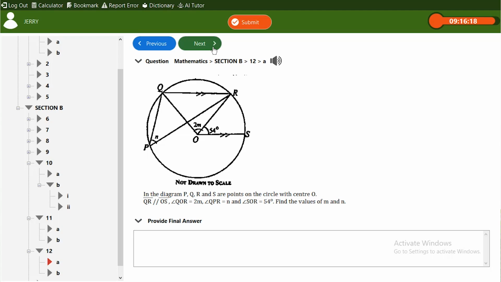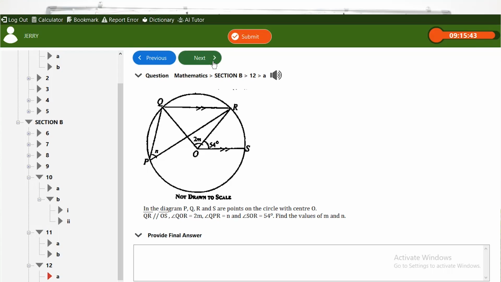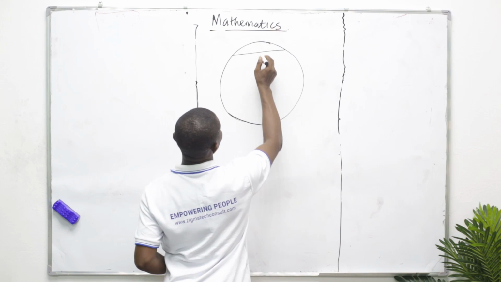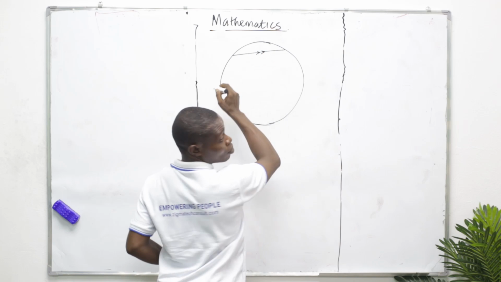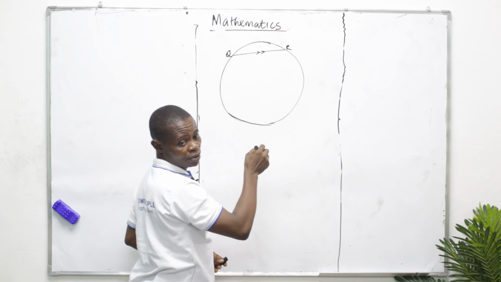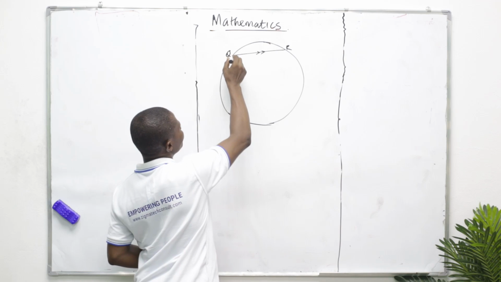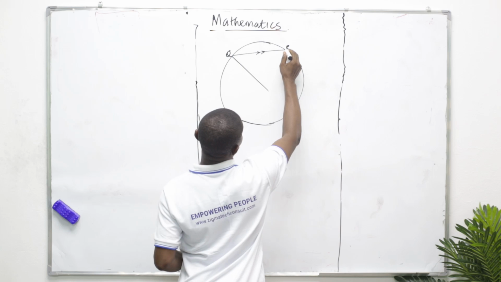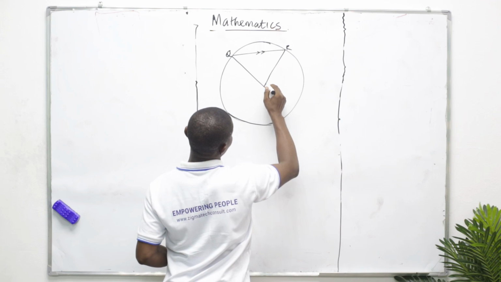Circle geometry. This is circle geometry. Let's tackle it. That is Q. This is R. This is this way, and that way.